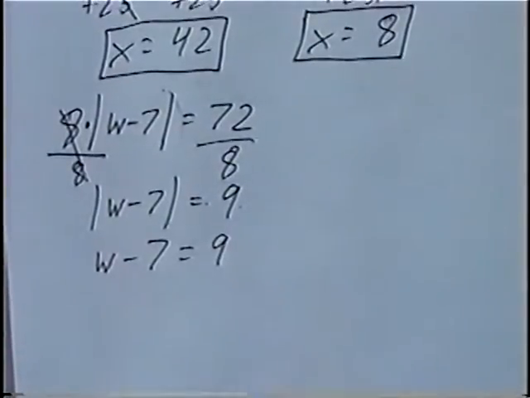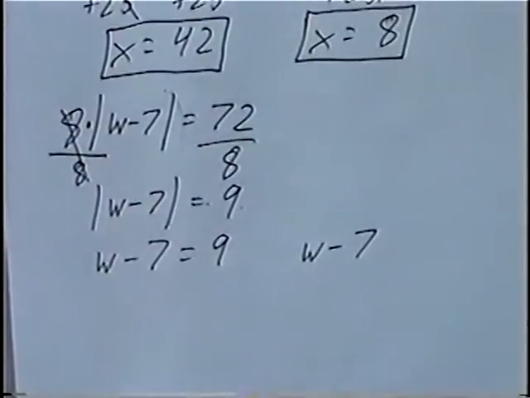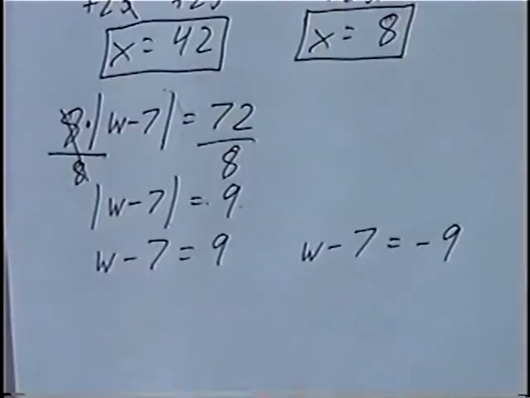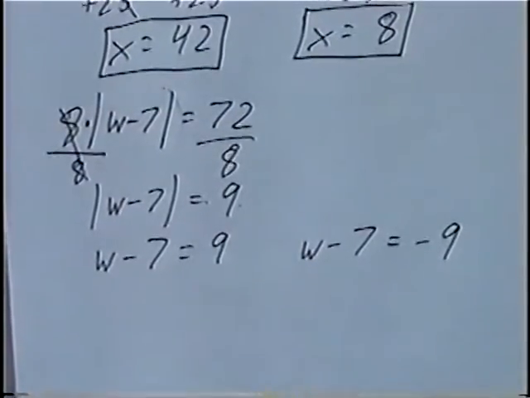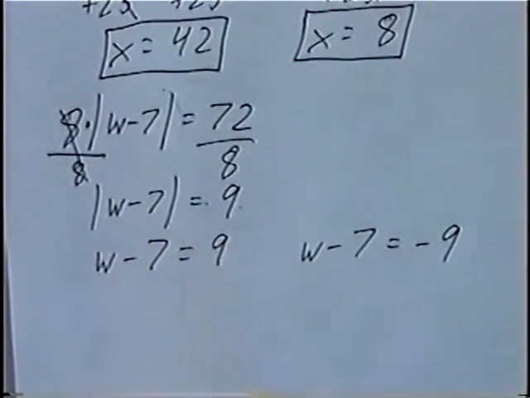And for our second equation, again we'll remove the absolute value signs, w minus 7, but instead we'll set that equal to negative 9. And again we use the opposite of the number, negative 9, because when we take the absolute value of negative 9, that would still equal 9.